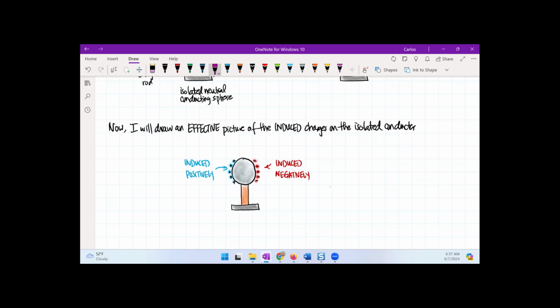And the crazy thing is that right inside of here, this is neutral. So it's neutral inside. As we will find out later, the charges are all on the surface of the conductor, not on the inside. That is an induced sphere right there. But that's not charging by induction.